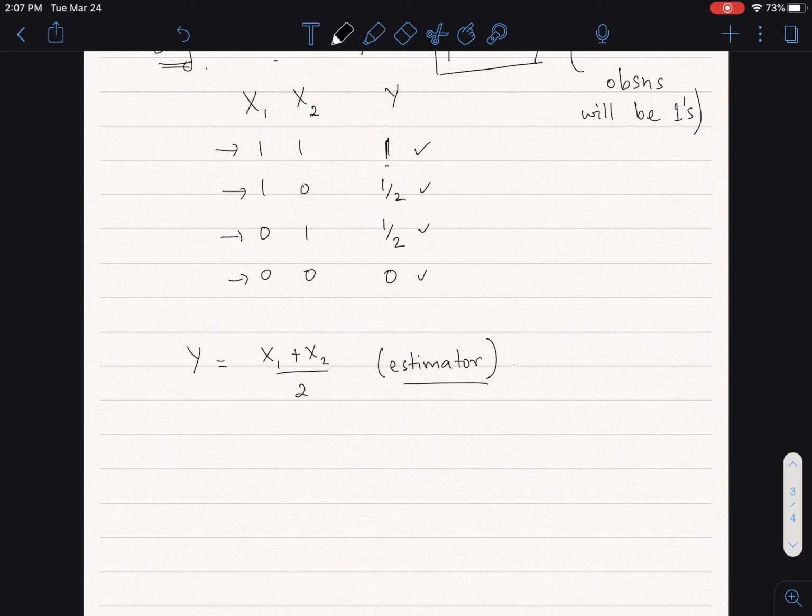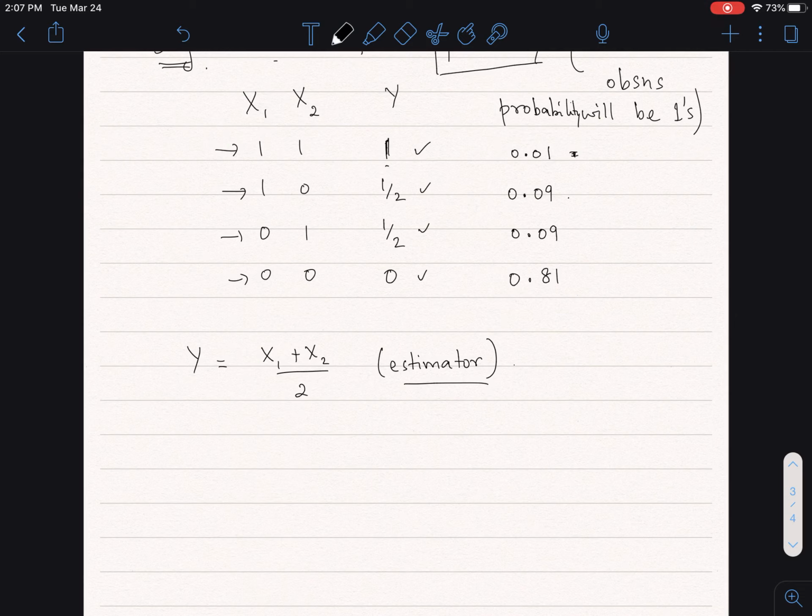And 1 happens, like we observed before, with probability 0.01. This happens with 0.09, this happens with 0.09, this happens with probability 0.81. I'm just working out the probabilities: this is 0.1 times 0.1, this is 0.1 times 0.9, and so on.